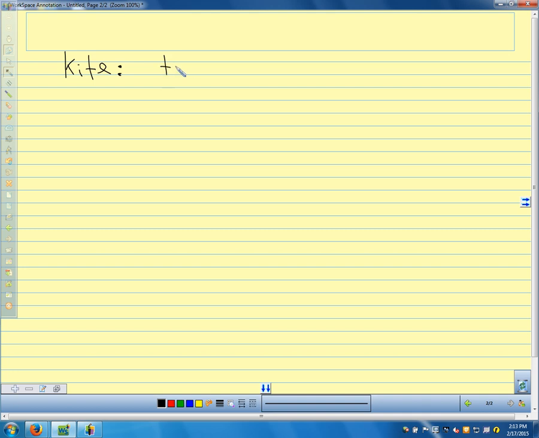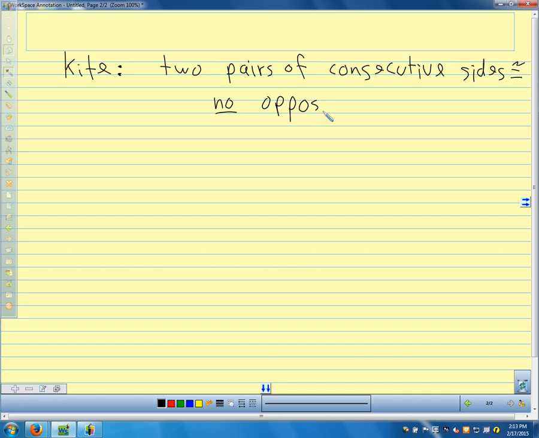Kites have two pairs of consecutive sides congruent, no opposite sides congruent, and no parallel sides.